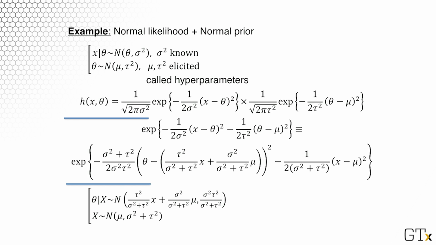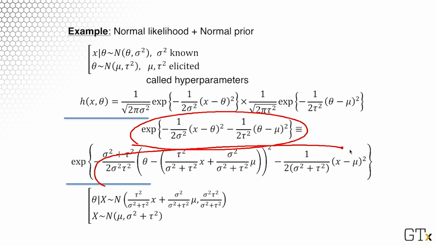Now you see the product of two exponential distributions, and then you look at just the exponent part, which is difference of two expressions. If you consolidate this difference of these squares so that you have theta minus something squared and x minus something squared, I admit this algebra is not pleasant, but it is very straightforward. It is simply completing the full squares. After some algebra, you get that this expression here is equal to this expression here.